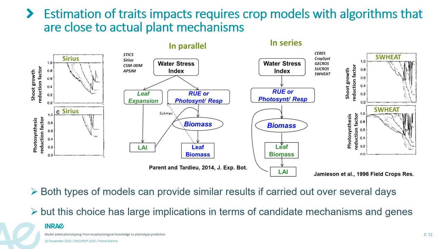For a model that considers the effect of water stress on radiation use efficiency and leaf area index in series, the photosynthesis is much more sensitive and decreases much earlier under drought than shoot elongation. So if such models are parameterized with sensitivities estimated from high-throughput phenotyping, they will give very different results.